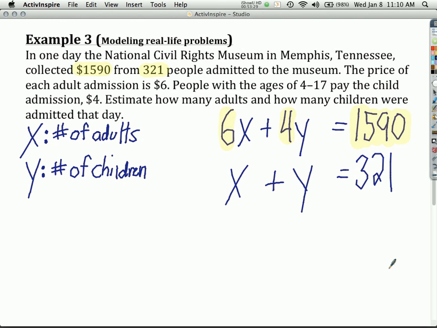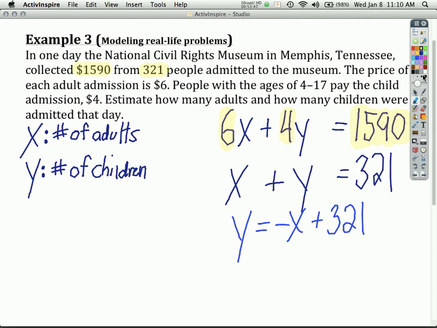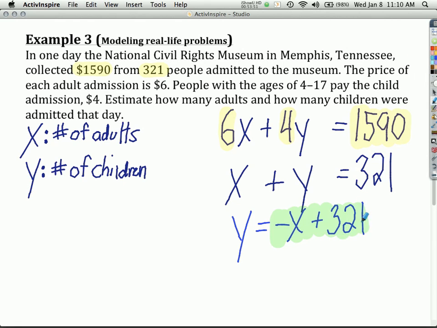Yeah. They both have a coefficient of 1, so it actually doesn't matter which one you do. But yeah, we can isolate the y, and so we will change this to y equals negative x plus 321. And again, what we just figured out was that y is equal to this expression.